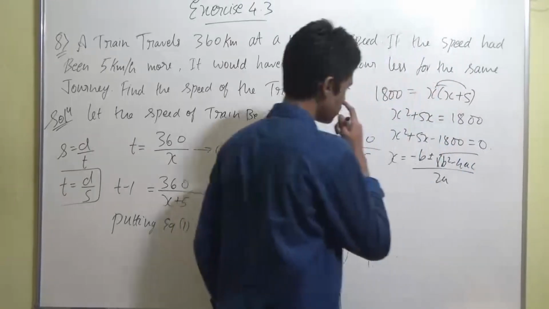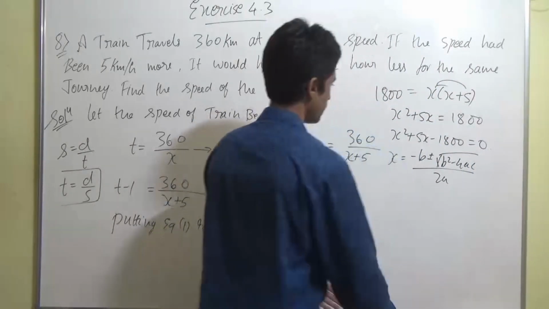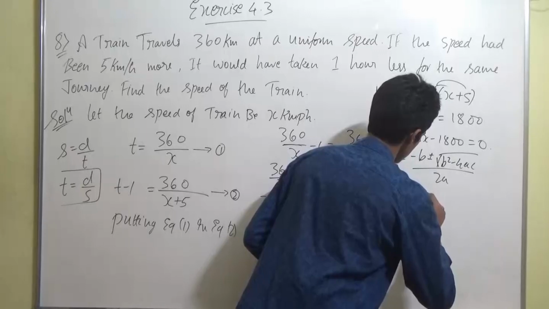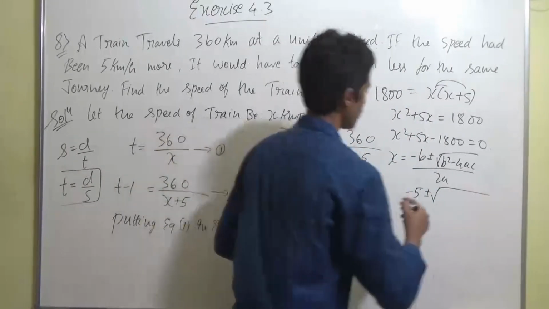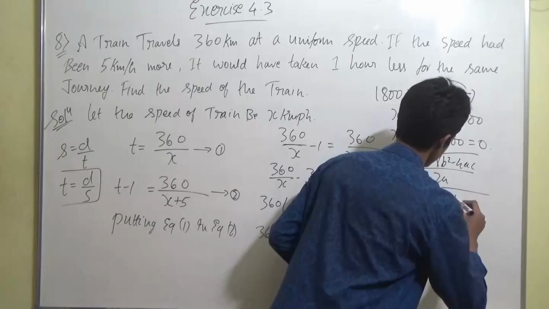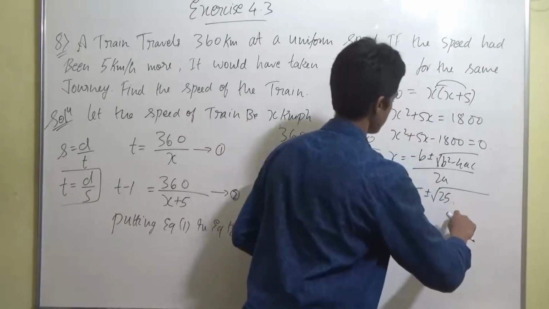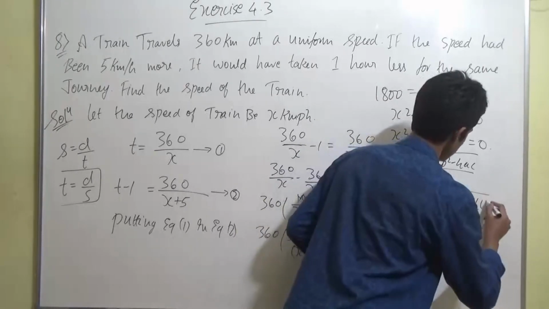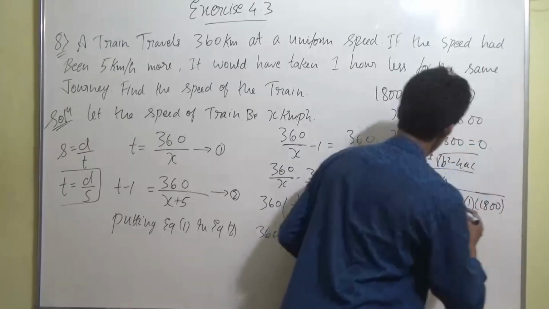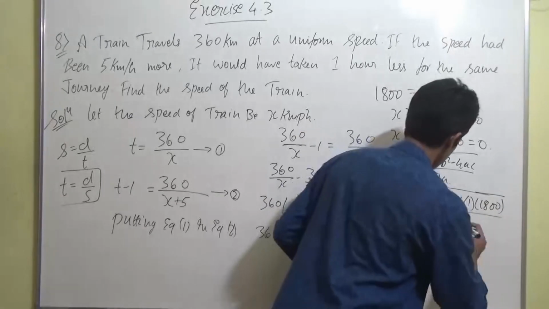We'll put these values in this formula and see what it will come out to be. So here it will become minus 5, for minus b, plus or minus root of b square. What is b square? 25 minus 4ac, minus 4 into, what is a, a is 1 and c is minus 1800, by 2a, that is by 2, right?